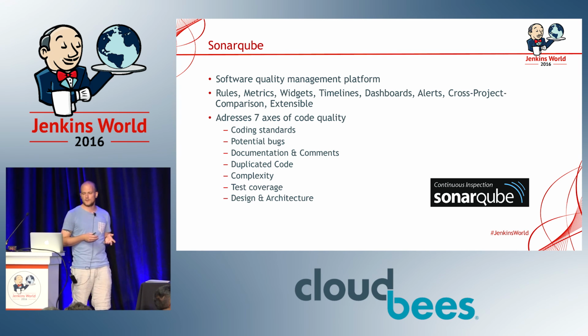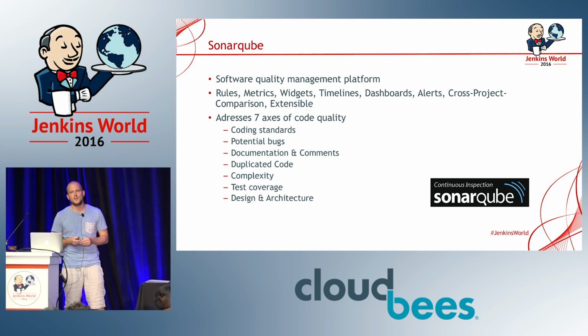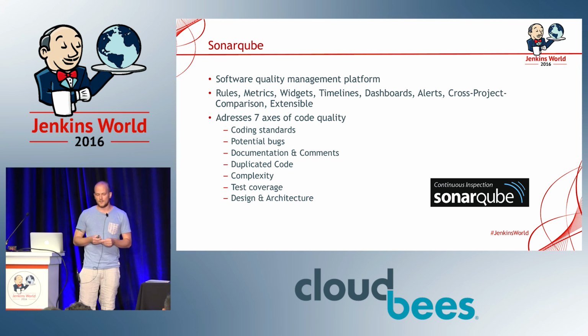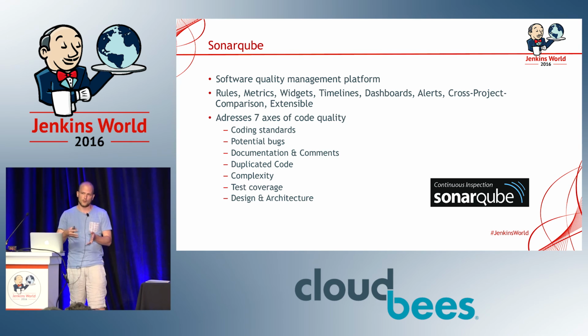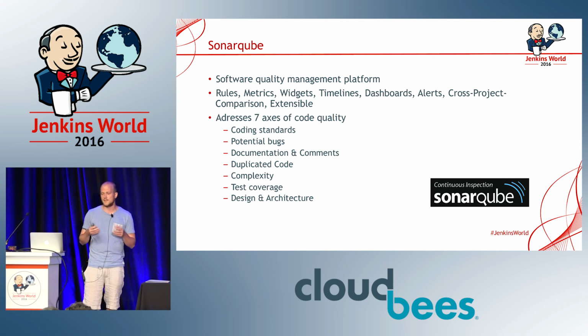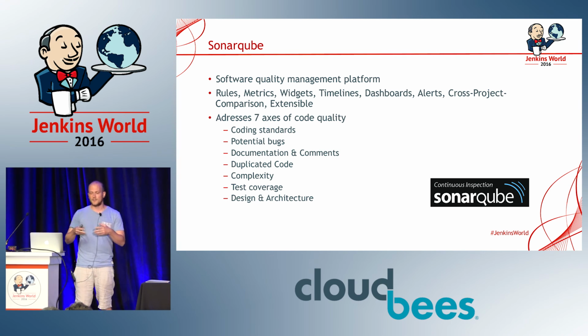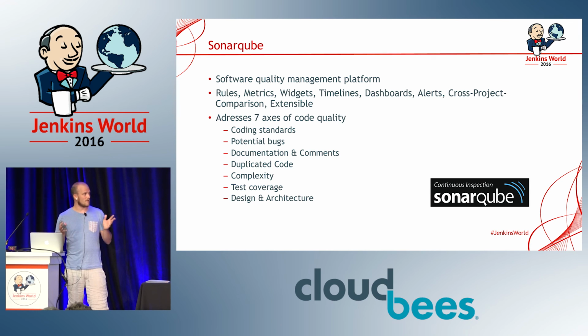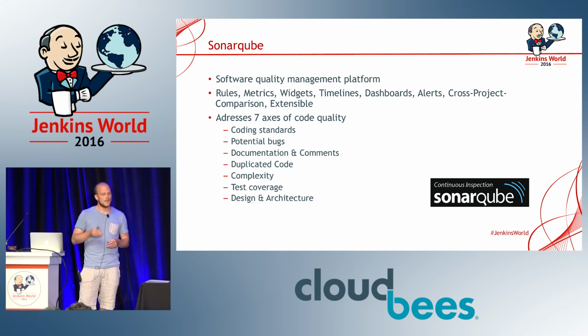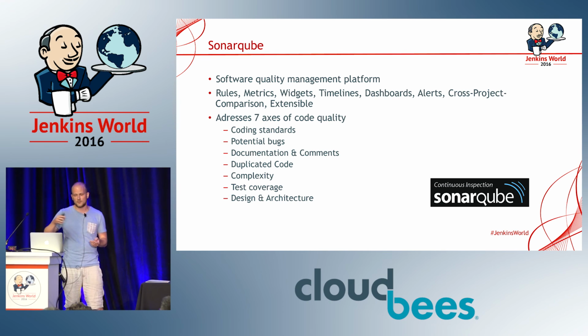For those of you who don't know SonarQube, it's a software quality management platform. It provides some rules and metrics you can run over your project and see if they are violated. You can measure things, and the results of the analysis can be displayed in nice widgets. You have customizable dashboards. You have timelines in Sonar to see how your project behaved over time.